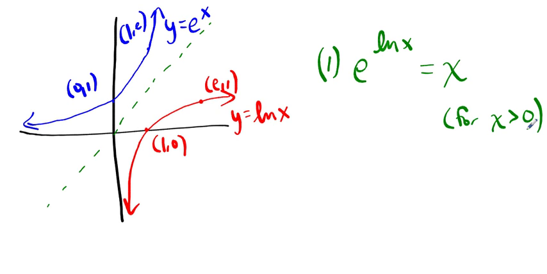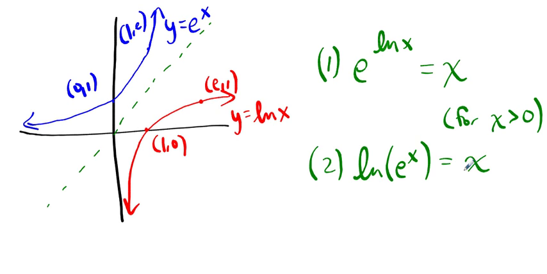And it has to be positive x's because we're taking a natural log of x, and we can only take a natural log of a positive argument. Again, they're inverse functions. So if we substitute one into the other, we end up with x. But of course, that goes both ways. If I take the one and sub it into the other, I get x back.